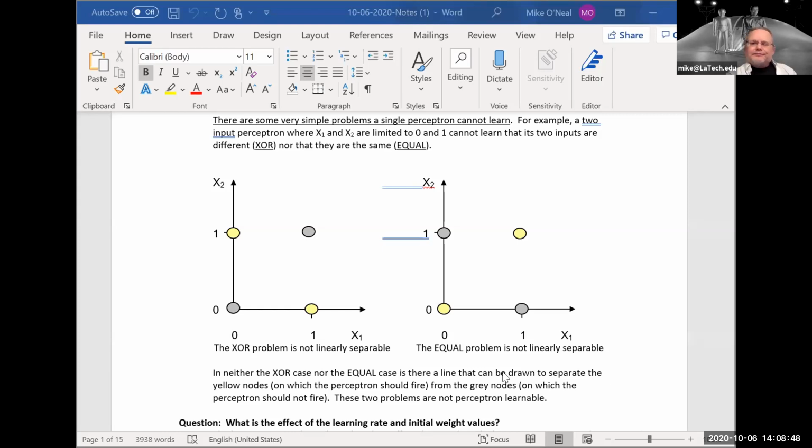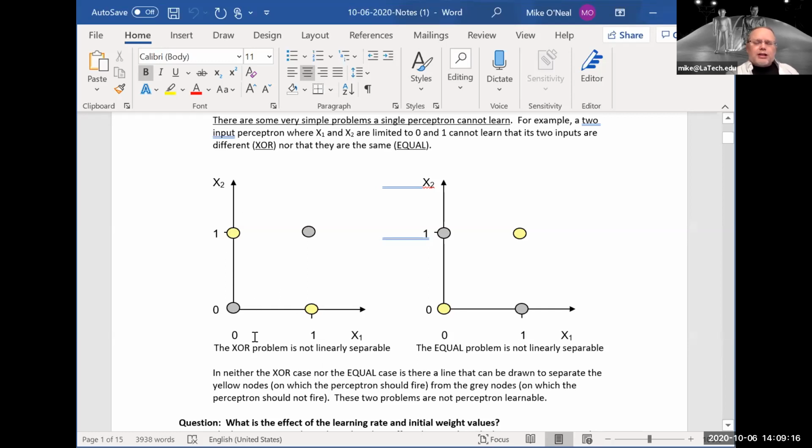Here we have 2 problems that are not perceptron learnable. These are 2 input problems. There's one here on the left and one here on the right, but one input would be x1 and one input would be x2.